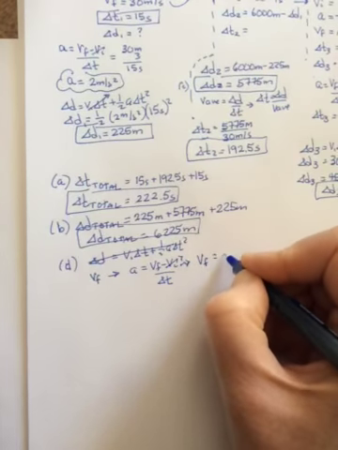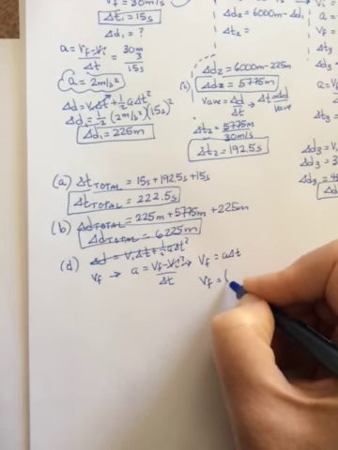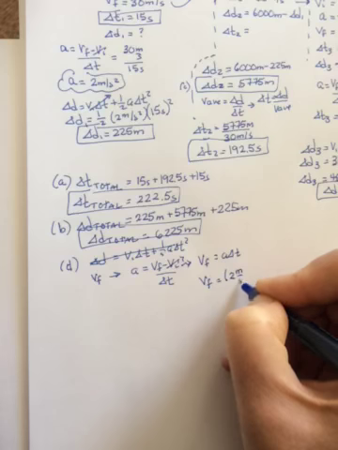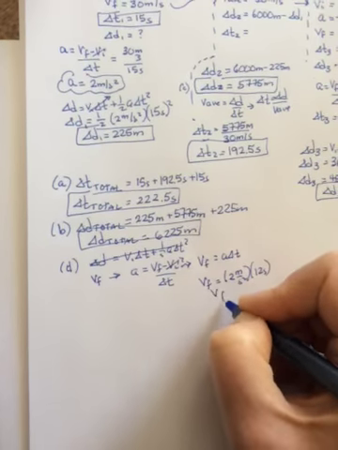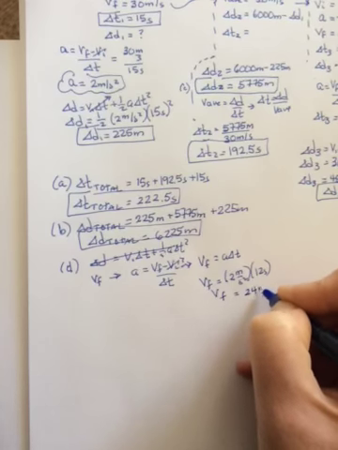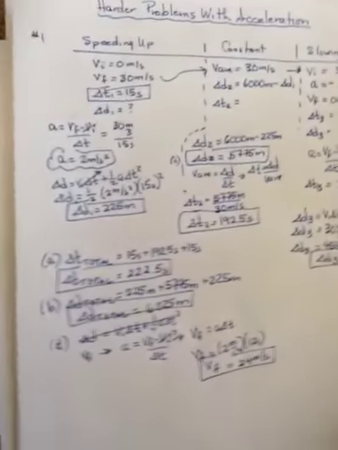Bring the delta T up, so A delta T. So VF is equal to 2 meters per second squared times 12 seconds. So VF equals 24 meters per second. Number 1 is done. Okay?